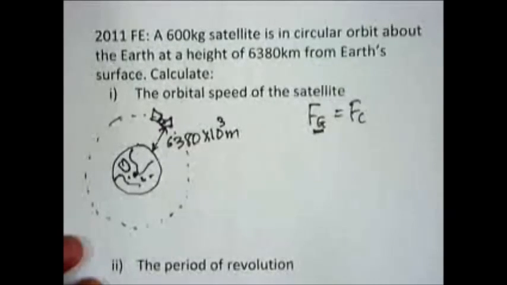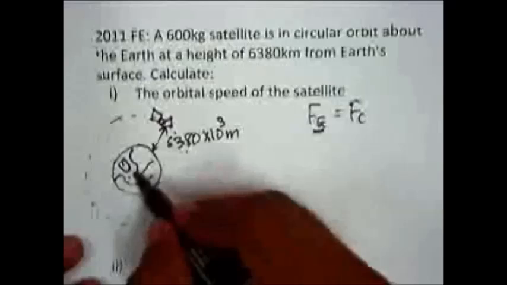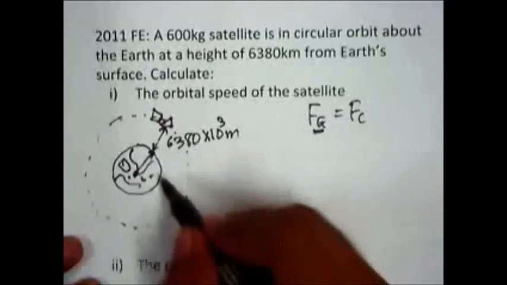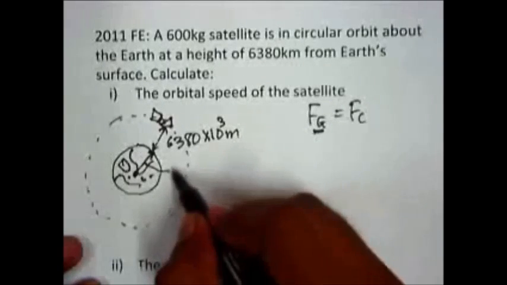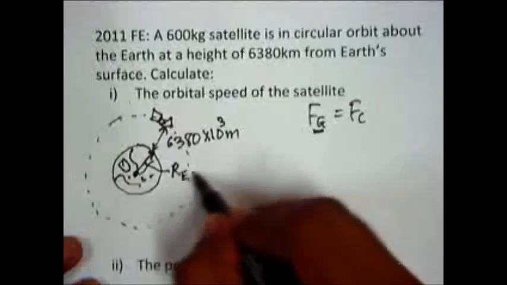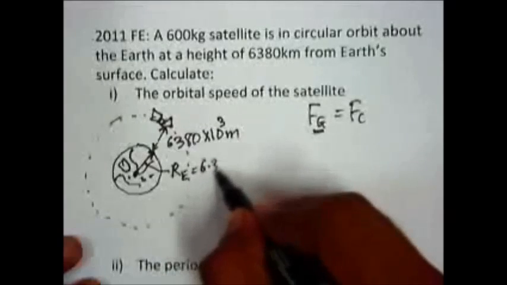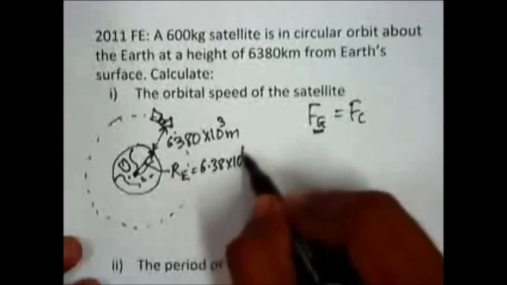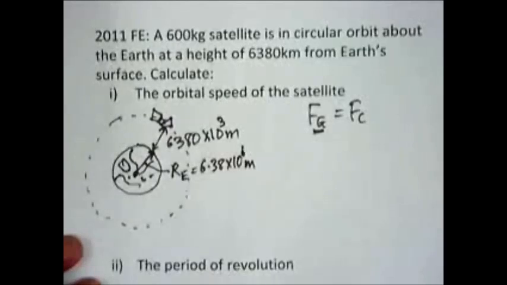So for this, you should know that the radius of the Earth is equal to 6.38 times 10 to the power 6 meters. This will usually be given in your exam paper. These constants will be given.